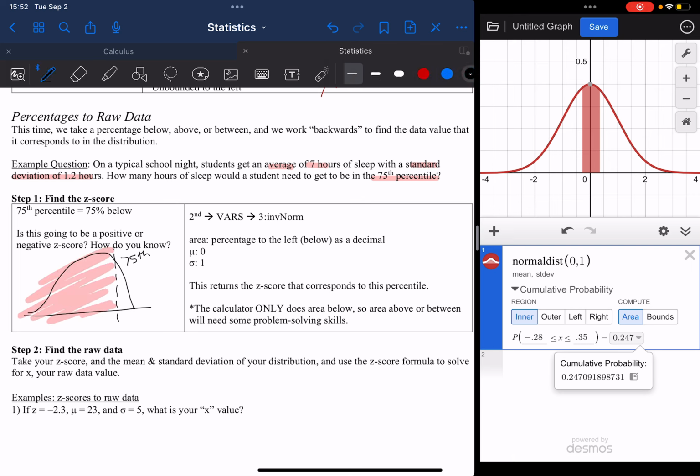However, that doesn't mean our z-score is going to be negative, because if the 75th is right here, that means our mu, or our 0, is somewhere here. So this tells us that our z-score is going to be on the positive side because the 75th percentile is closer to the 100th percentile on this side versus the 0th on the other side.